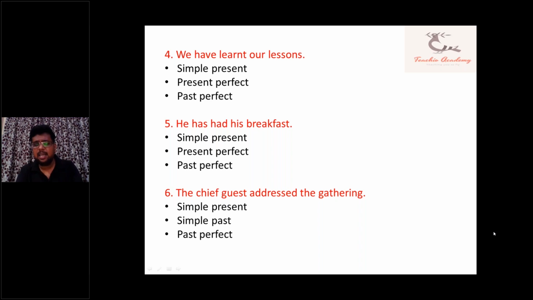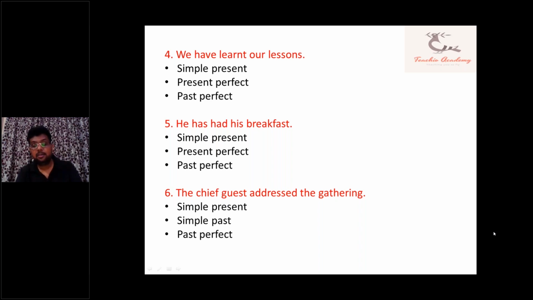Do you see has, had, have here? No, of course, we do not see has, have, had here. Then what do we see? We saw addressed, the second form or the third form of the verb.